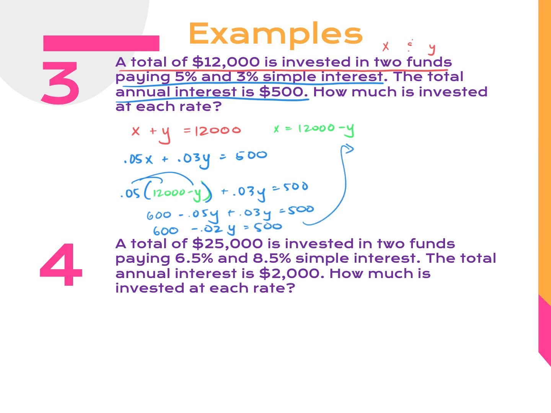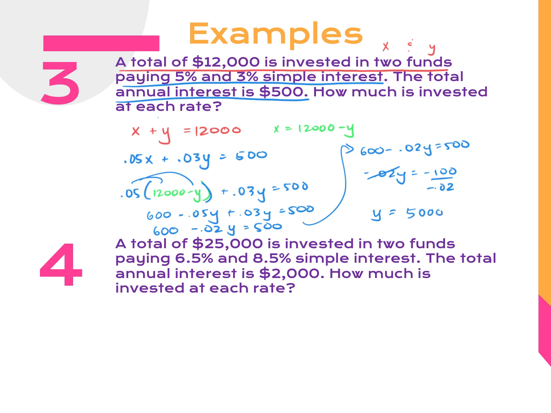Kind of keep going here. So 600 minus 0.02y equals 500. I'll subtract 600 from both sides, and that's going to give me minus 100. And if I divide both sides by negative 0.02, I'm going to get that y equals 5,000.